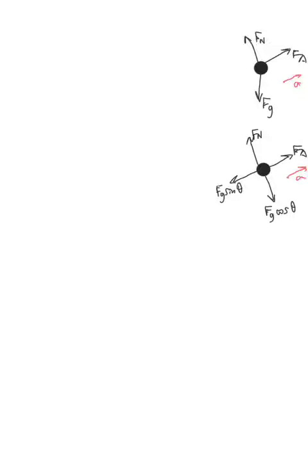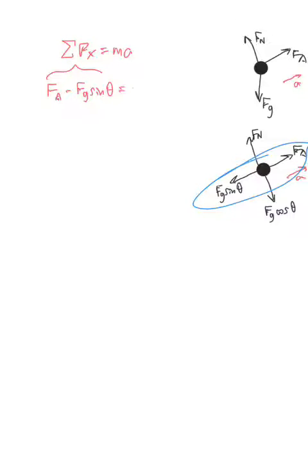So let's do Newton's second law in the x direction. Net force in the x direction is mass times acceleration. Let's look at what's going on in the x direction, the one circled in blue. That's going to be the positive force, which is the applied force, minus the negative force, which is the component of gravity, Fg sine theta, is equal to ma.